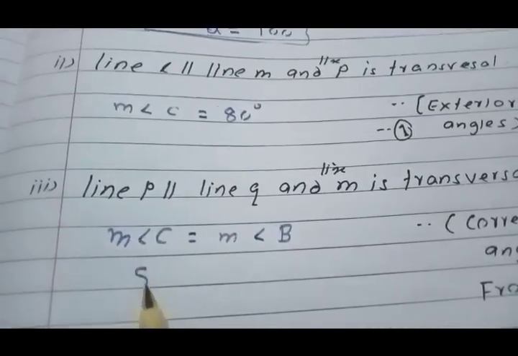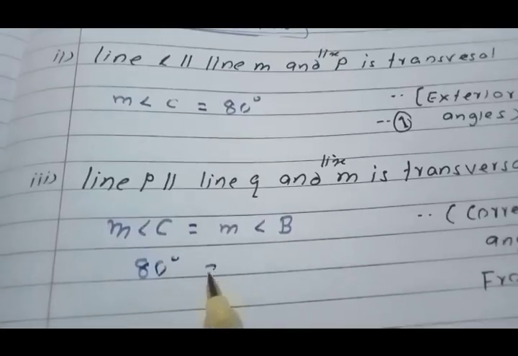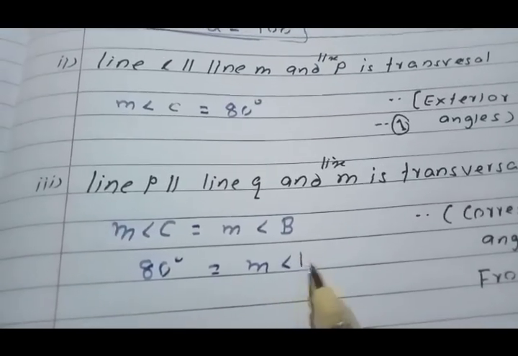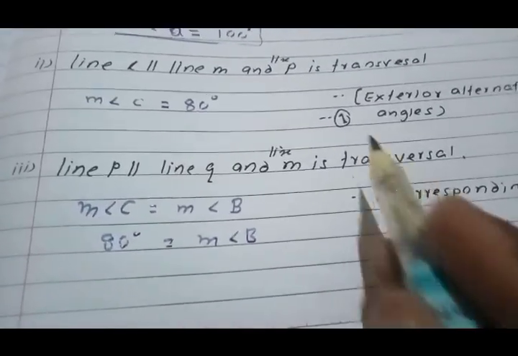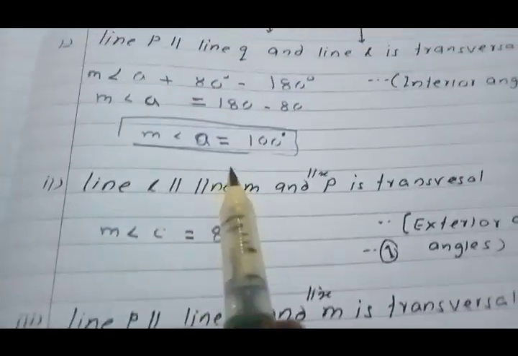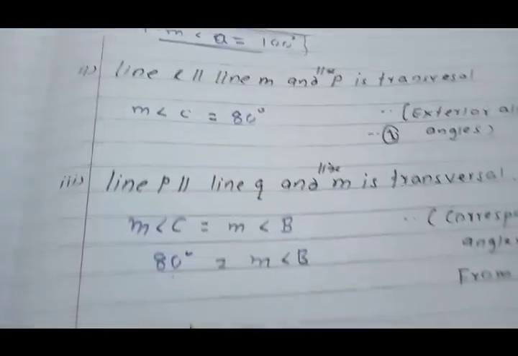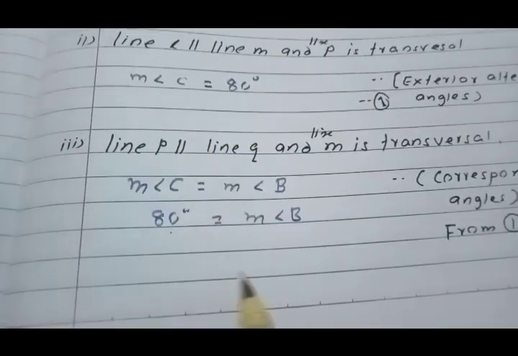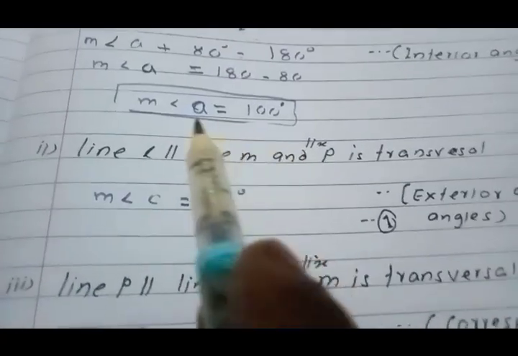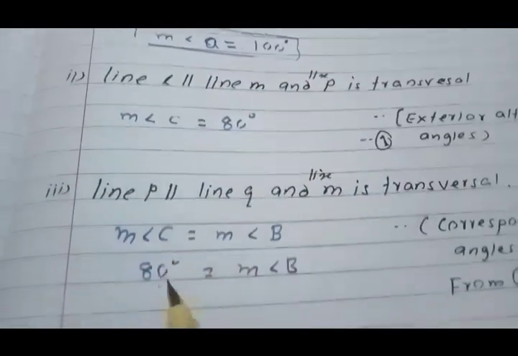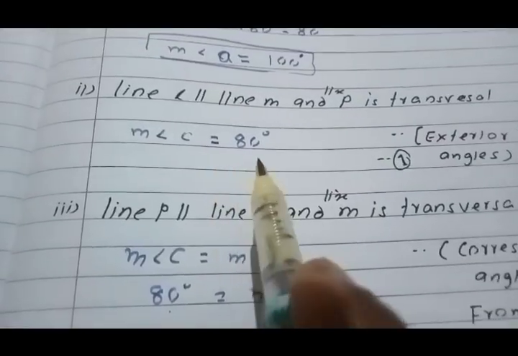Angle C here 80, so angle B is 80. So here angle A 100, angle B 80 and angle C 80 degree. This is the answer. Again angle A 100 degree, angle B 80 degree and angle C 80 degree.